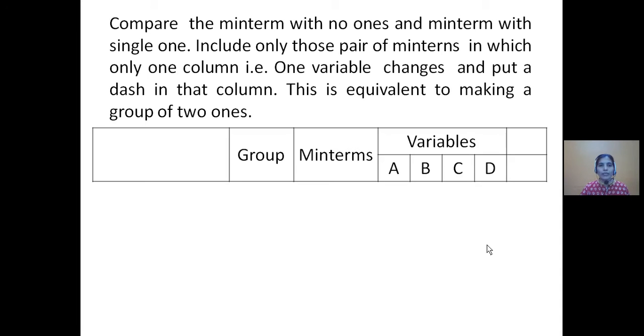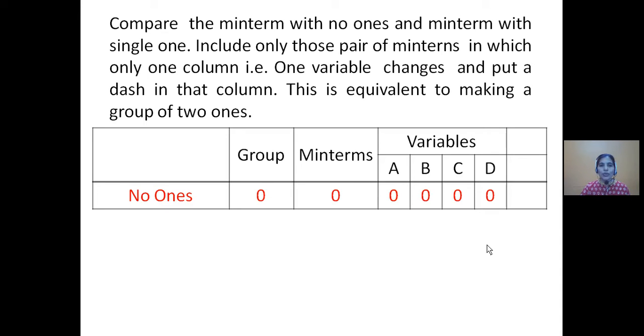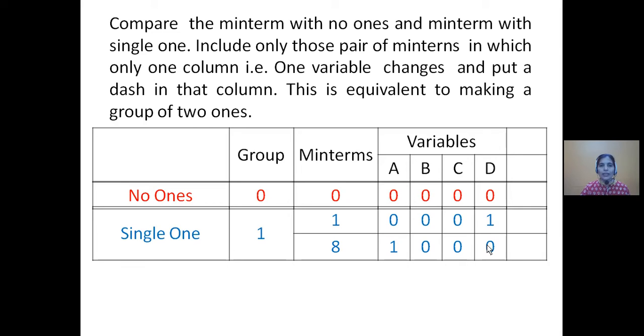So let's compare the first two groups, that is the group of no ones and the group of single ones. So the group of 0 has only one min term, which is 0. However, the group of single one has two min terms, 1 and 8. So 0 will be compared with 1 and 0 will be compared with 8.